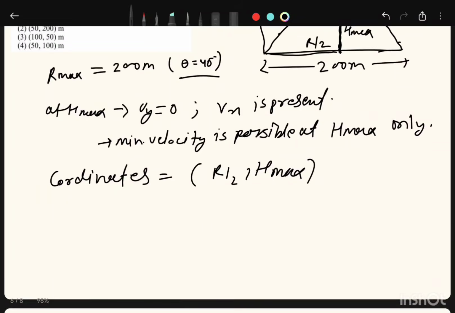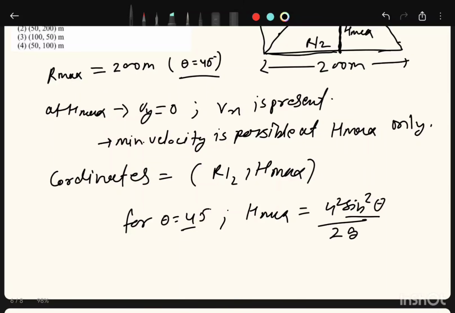And we know for theta equal to 45 degree, what is the h max formula? That is u square sine square theta by 2g, right? So when we put theta equal to 45 degree, sine 45 degree is 1 by root 2.